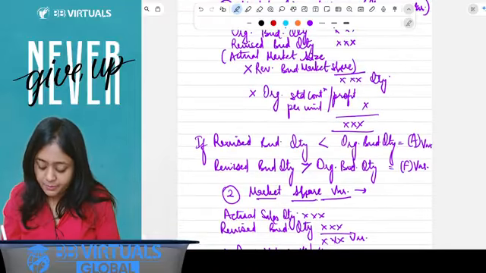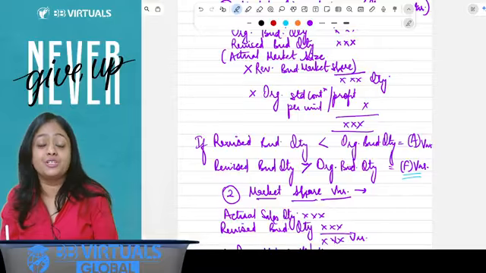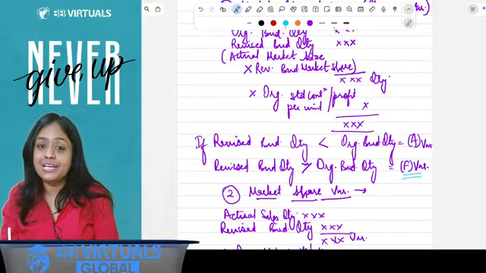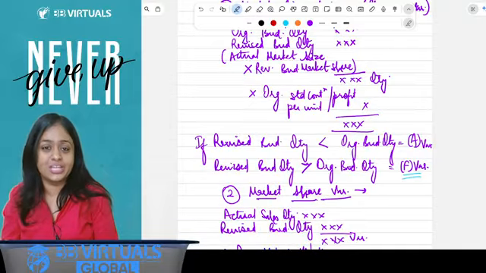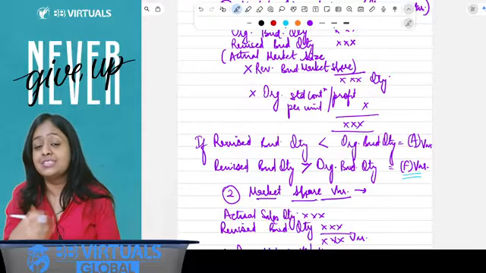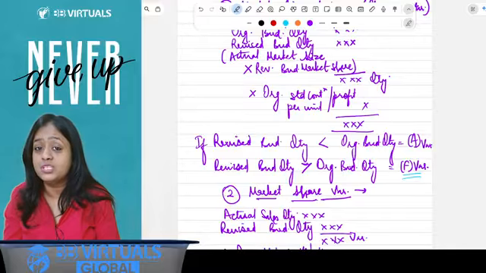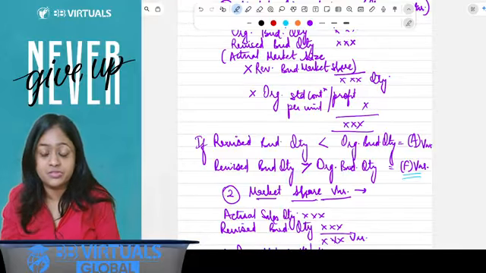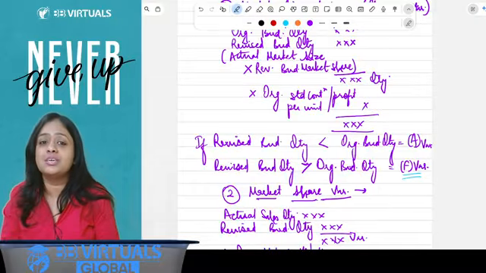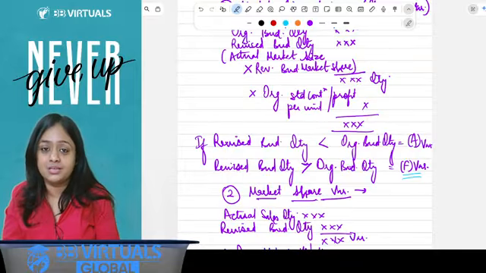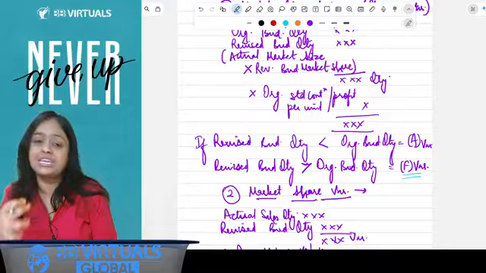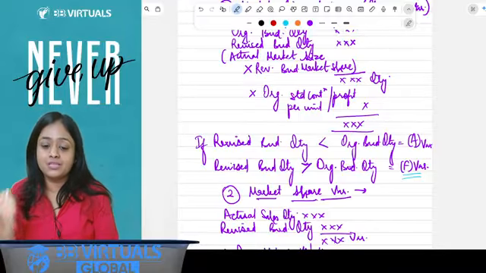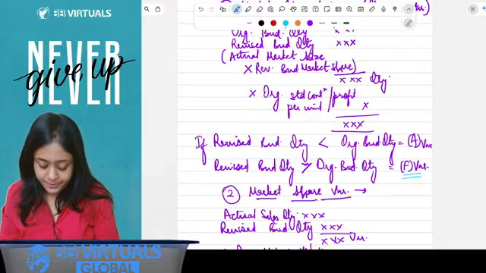You know why, right? Because we're talking about sales. With sales, we always focus on selling more quantities. So if your revised budget says that we will be targeting more quantities to be sold, it's a favorable variance. However, if your original budget says to sell more quantities and revised has reduced it, it's an adverse variance because then we're reducing the revenue of the entity.